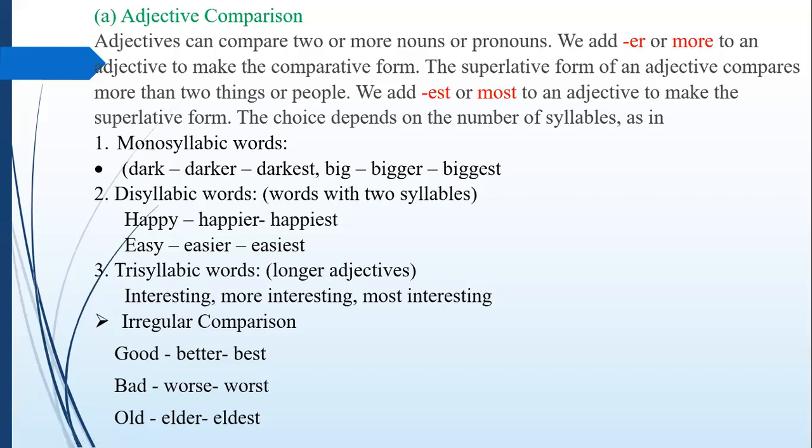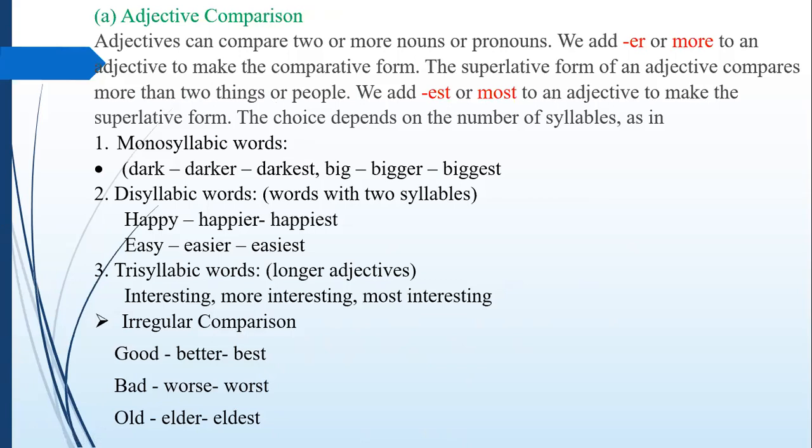We also have irregular comparison in English. Irregular comparisons are adjectives that do not undergo these rules. These rules cannot be applied to these adjectives, simply because they are irregular adjectives.